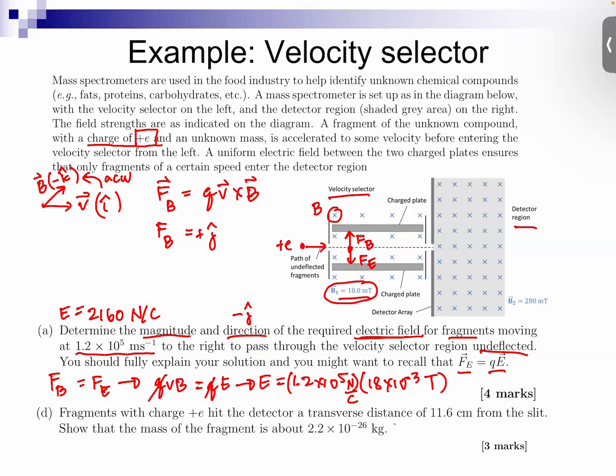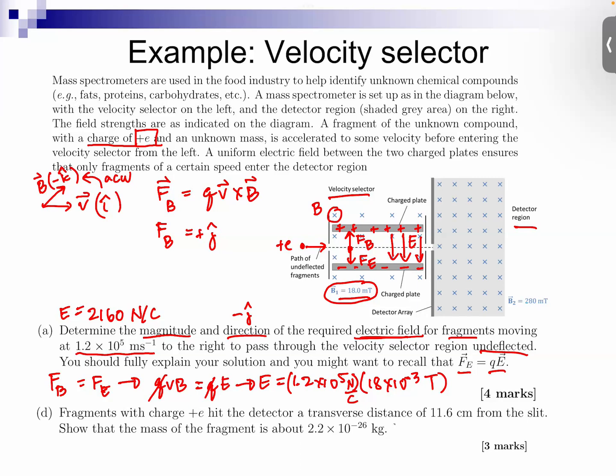Once you figure out the direction of the electric field and therefore the electric force, you can assign that this plate on top is positively charged, while the plate at the bottom is negatively charged, because we learned that electric fields go from positive charges to negative charges. And since your charge is positive, the electric force is in the same direction as the electric field.